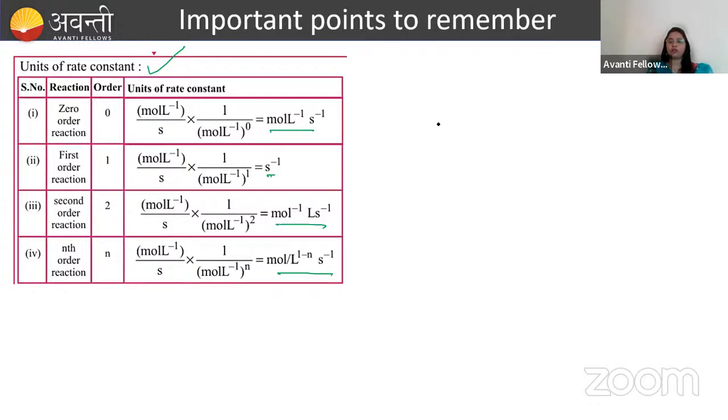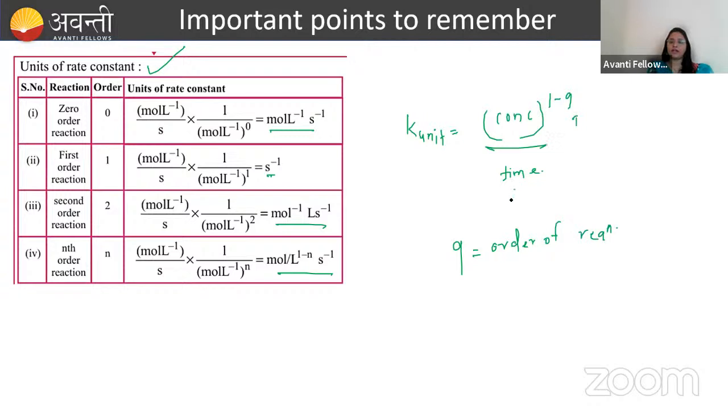So the trick to find out the unit for k, that is rate constant, is what? Concentration raised to 1 minus n divided by time. What is n? It is the order of reaction. So this is a small trick. You put 0 here. What will you get? Concentration divided by time.